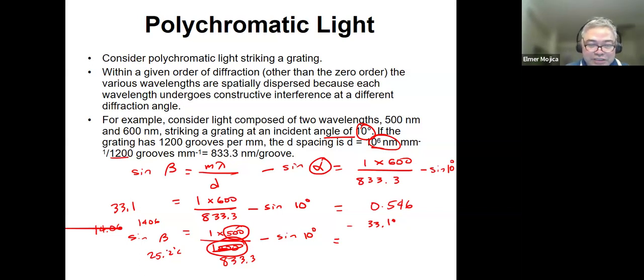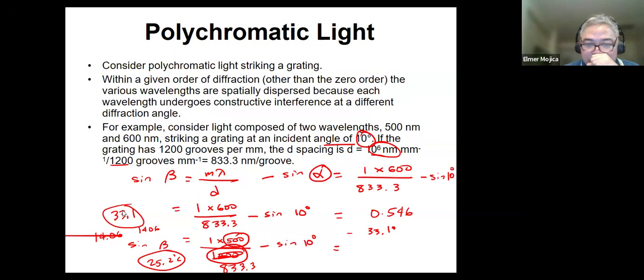So if you do that, you're going to get 25.2 first order diffraction angle.